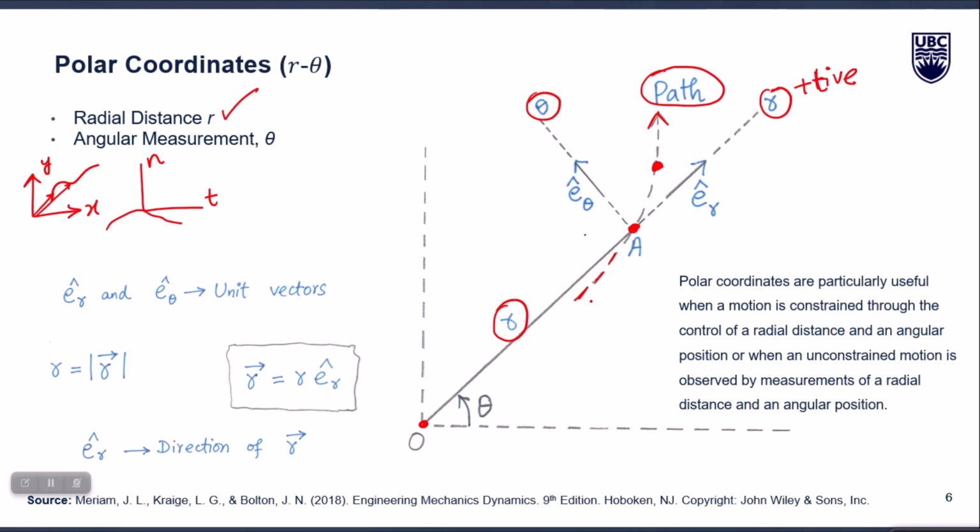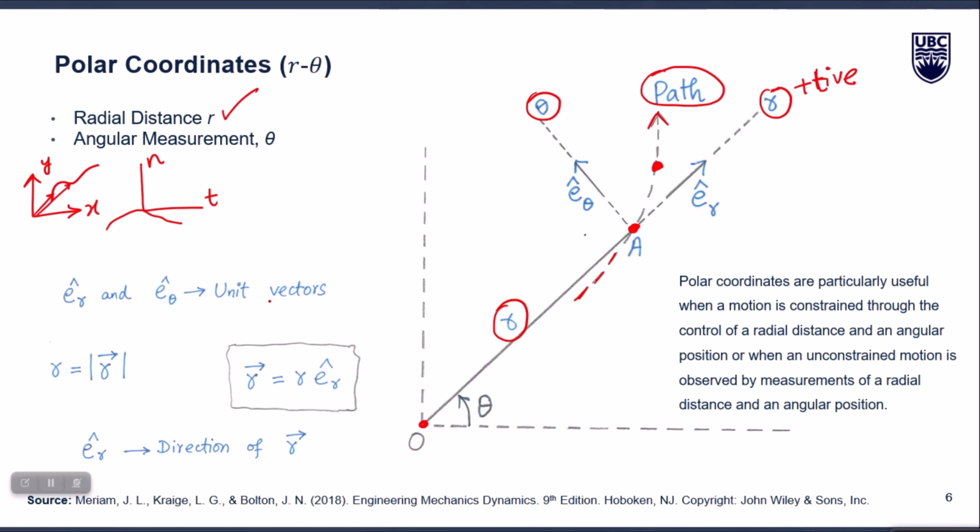So the first thing you should notice is that if there is some rate of change of the unit vector in the r direction, that rate of change won't be zero, unlike the xy coordinate system. Similarly, if there is a rate of change of the unit vector in the theta direction, that rate of change would also not be zero, right? Because they are changing their directions all the time.